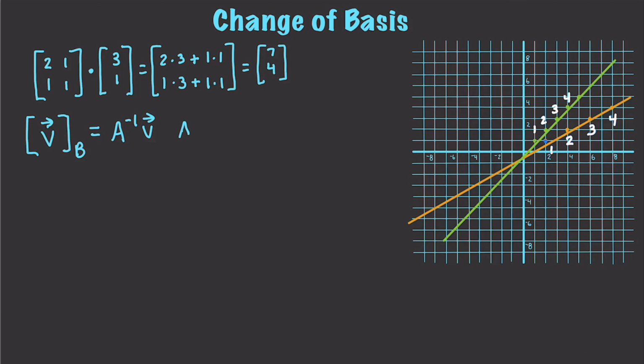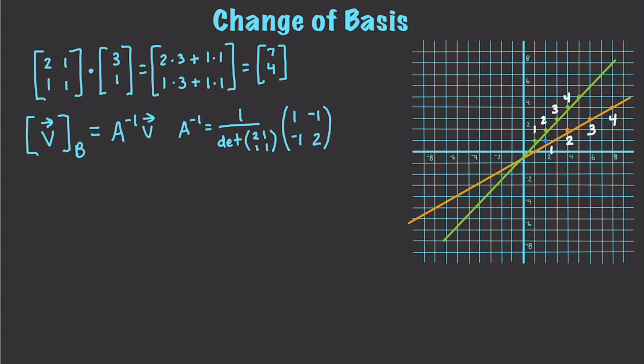Well, we're going to have to find the inverse of this, which is going to be equal to 1 over the determinant of 2, 1, 1, 1, times 1, negative 1, negative 1, and 2.